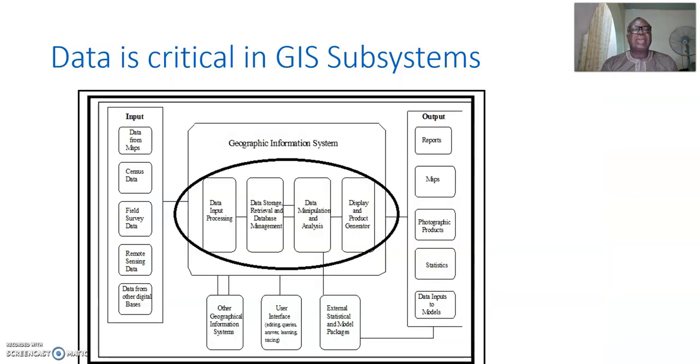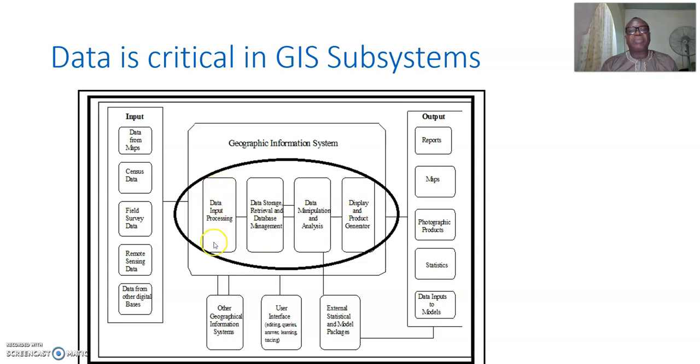If it's not geographically referenced, if it's not related to a part of the Earth surface, then it is not useful in the GIS. So when we look at the subsystems of a GIS, we have the input, the analytical, and the output. Just as in typical computer systems, we have input systems, output systems, and the central processing unit. Under the central processing unit, data is critical.